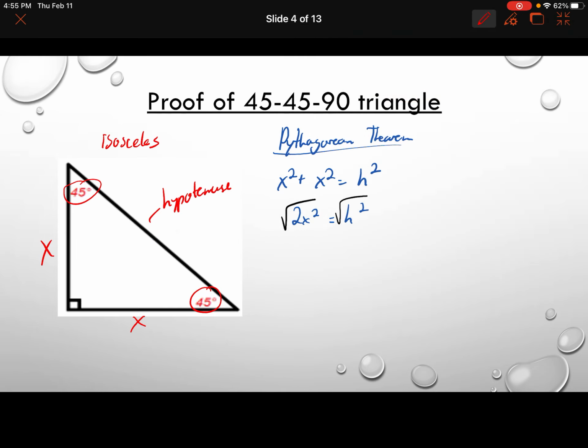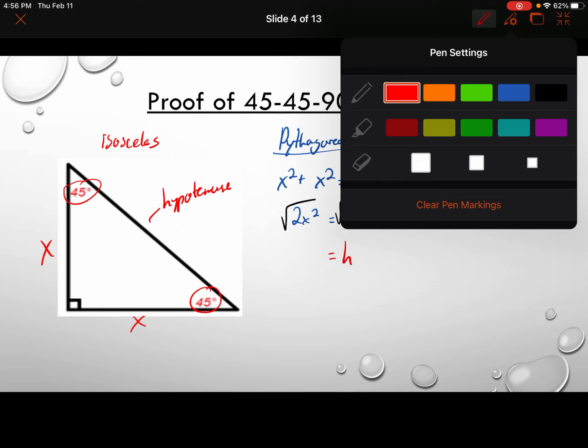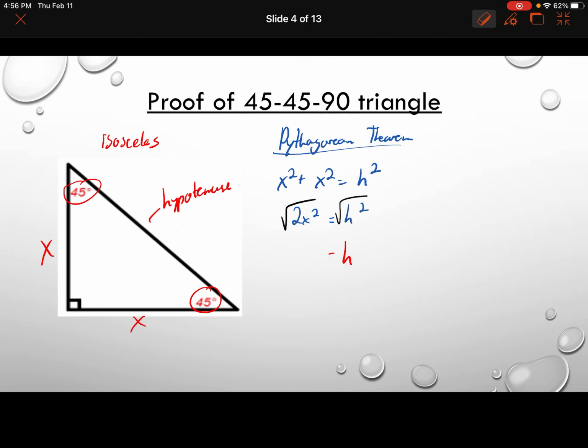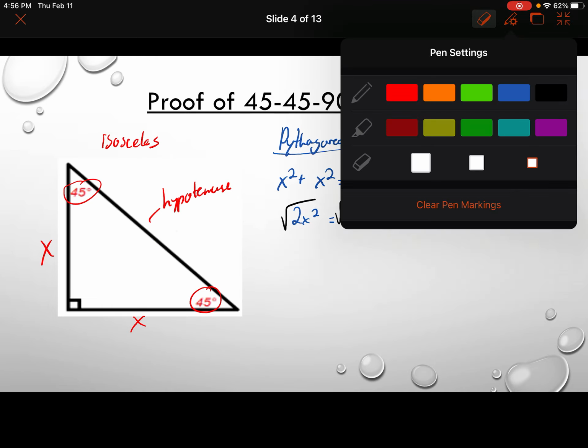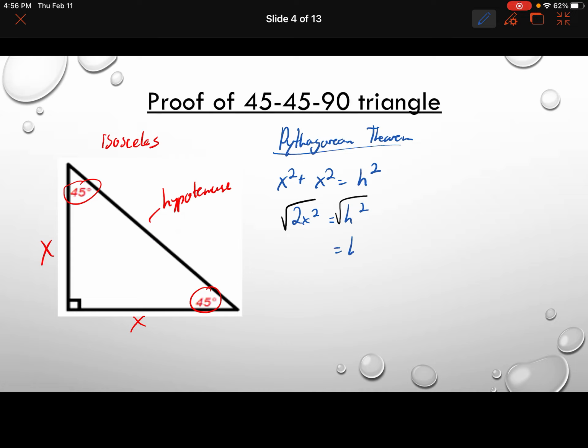By doing so, the square cancels out and we are left with h on the right side. And on the left side, we know that the square root of x squared is just going to be x. So the square root cancels out the x squared.